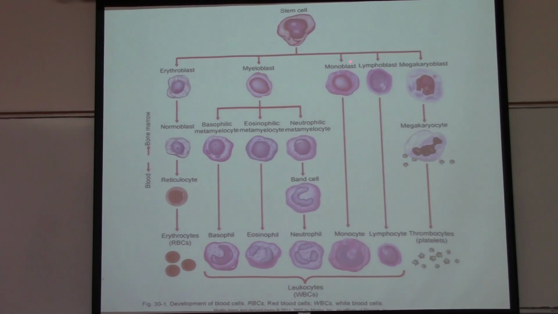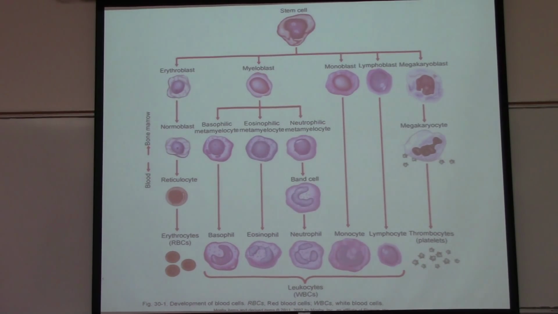Blasts are baby cells. So when you see a boatload of blasts on someone's lab, you have to wonder what's going on. That's not normal, because these blasts stay in the bone marrow until they get to a certain place of maturity, and then they're sent out.